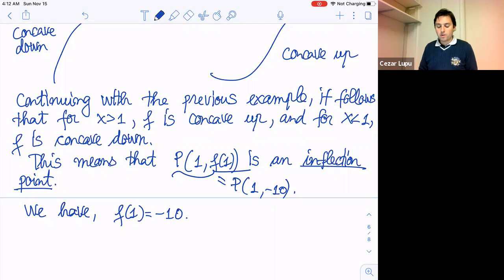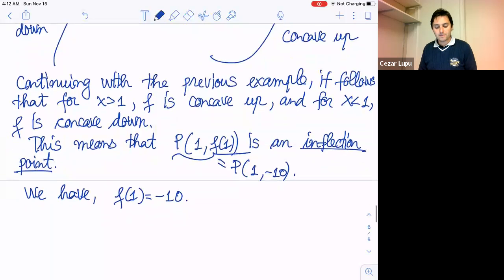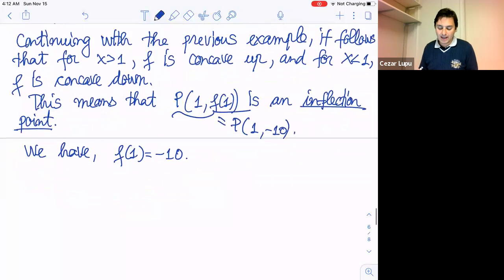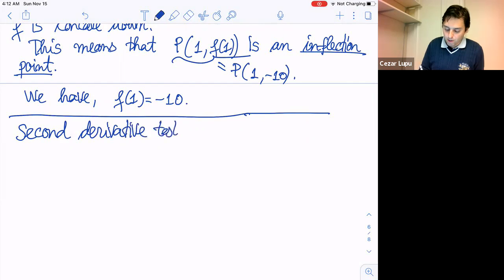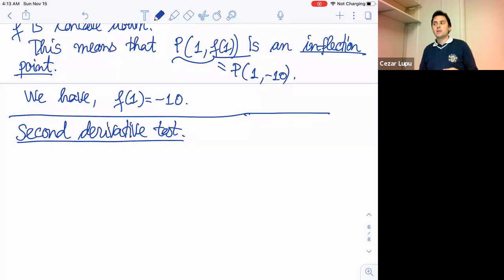Well, now we're in a position to say a few things about the second derivative test. Just like with the first derivative test, this is also important because it will not just allow you to classify critical numbers, but it will allow you to classify the inflection points.